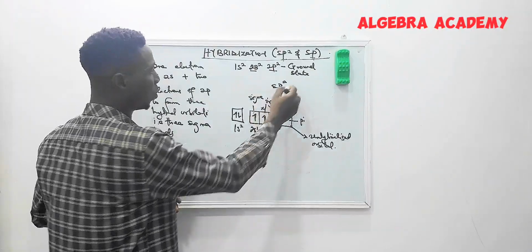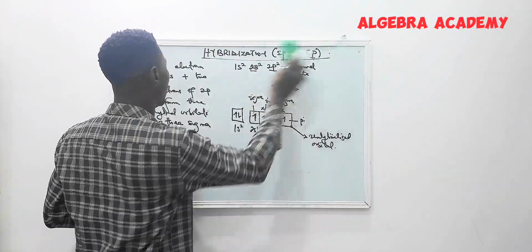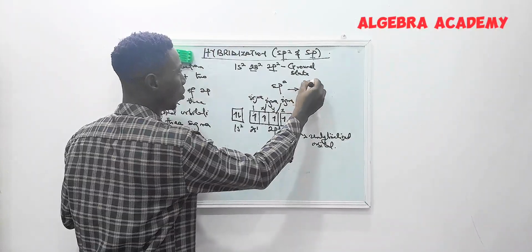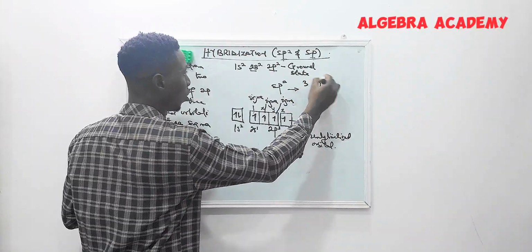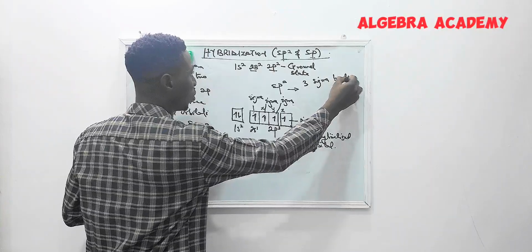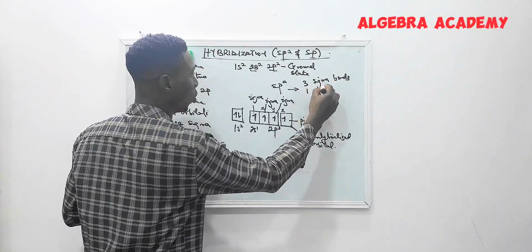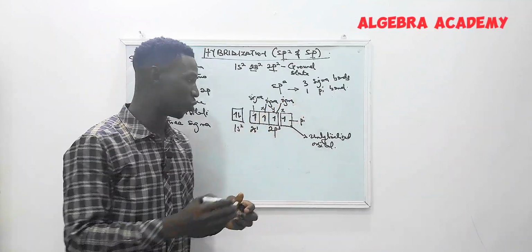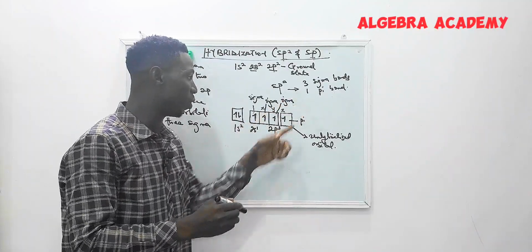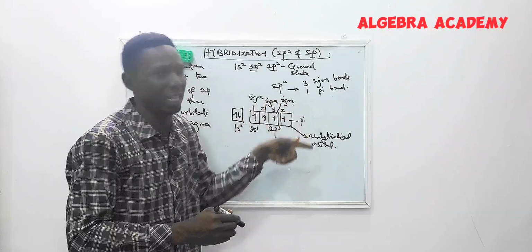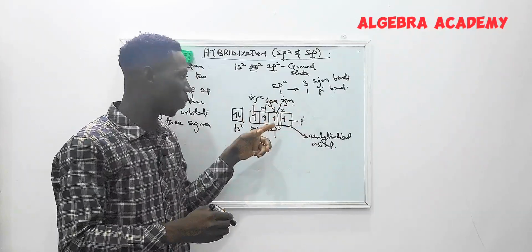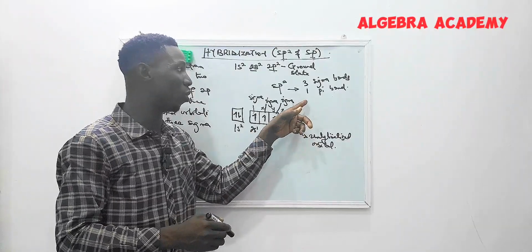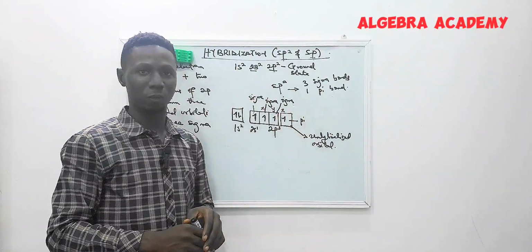That means for sp2 hybridization, we're going to have 3 sigma bonds and 1 pi bond. Don't forget, the pi bond is formed as a result of the overlapping of the unhybridized 2pz, particularly for sp2. The 2pz unhybridized orbital is what forms the pi bond.